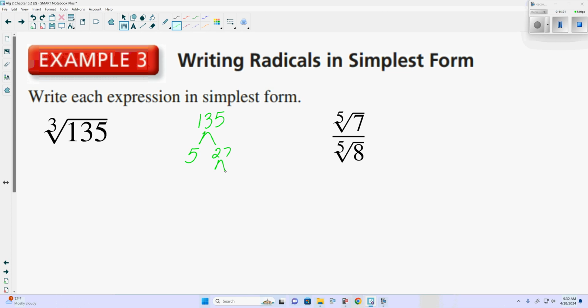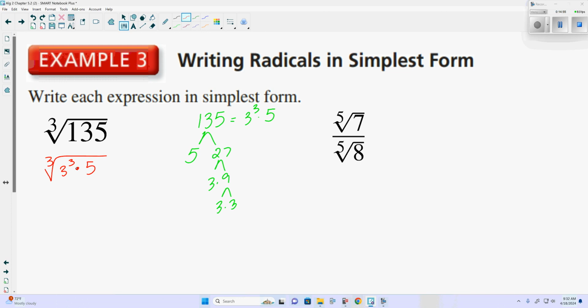Because 27 would be, so as prime factorizations in these powered forms, we have 3 to the 3rd times 5, yes? Now for us, this is nice, because over here we're taking the 3rd root of 3 to the 3rd times 5. Can we take the 3rd root of 3 to the 3rd?